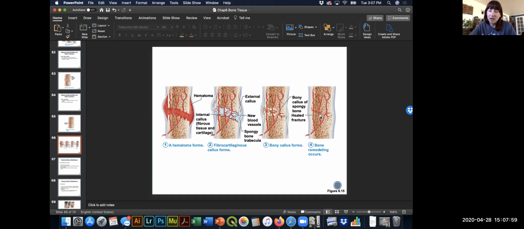And then finally you have some bone remodeling, which is taking away and putting bone in places to make it look as close to the original bone as possible. You're just making it pretty in the last step of the repair process for bone fractures. So just know the order of these steps: hematoma, cartilaginous or fibrocartilaginous callus, bony callus, and then some bone remodeling to pretty it up. Okay.